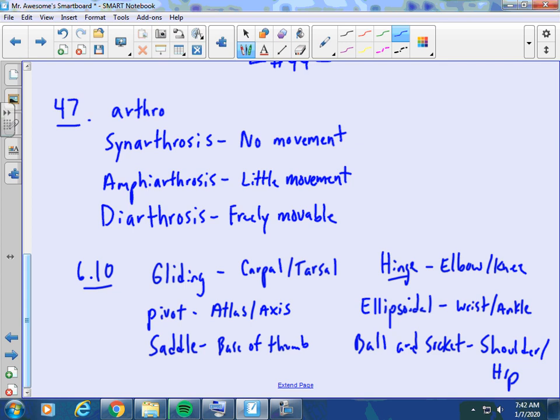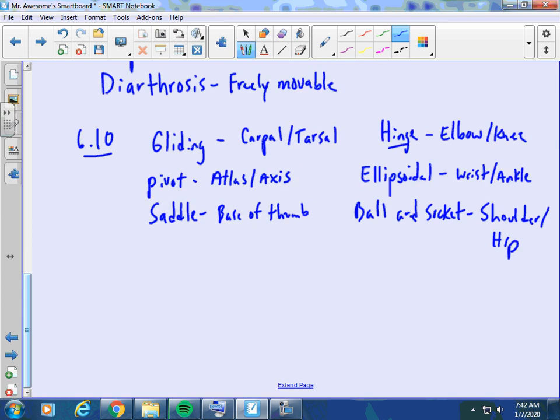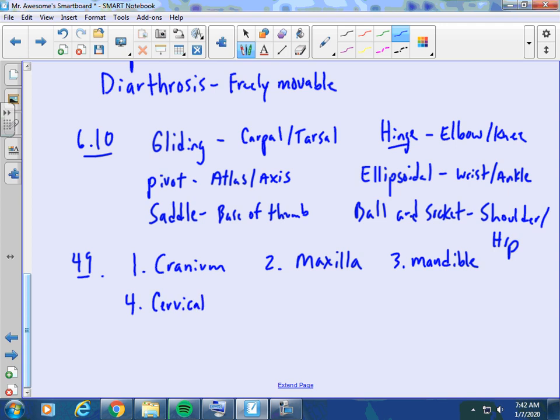And our next question, we just have to label that skeleton. I probably should have put the picture of the skeleton on here, but I'm just going to run through the answers really quick. So number 49. And so 1 is going to be the cranium. 2 is going to be the maxilla. 3 is going to be mandible. 4 is vertebrae, or if we want to be more specific, vertebrae of the neck, which we call cervical vertebrae.